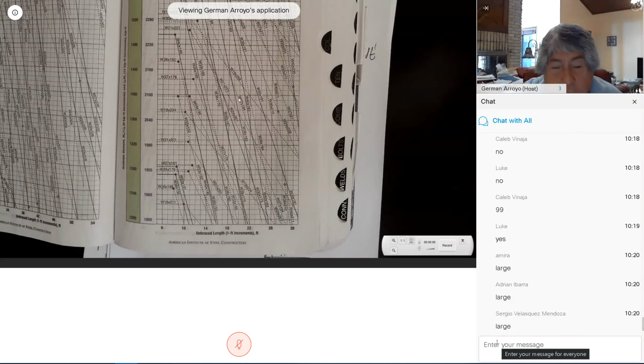For this equation, I need to compute M sub P and M sub R because we know that there is no local buckling here. M sub P, don't forget Cx divided by 12. If this were 60, we multiply 60 in here. 0.7 FY SX, M sub R, 0.7 FY SX, divided by 12.